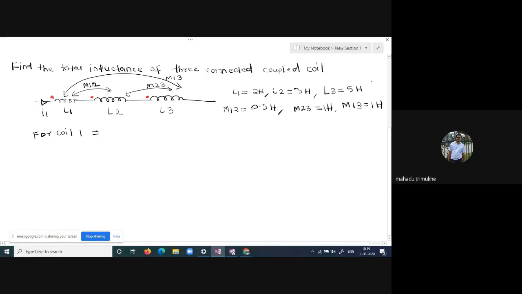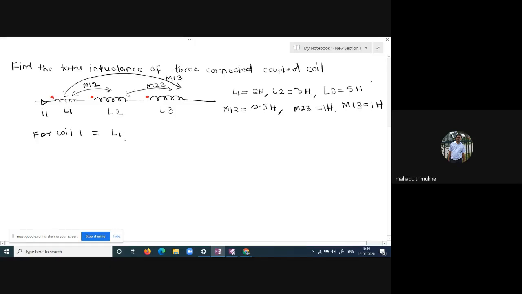Coil 1 has self inductance L1. What mutual inductances are associated with coil 1? Here L1 is the self inductance, and the mutual inductances for L1 are M12 and M13.